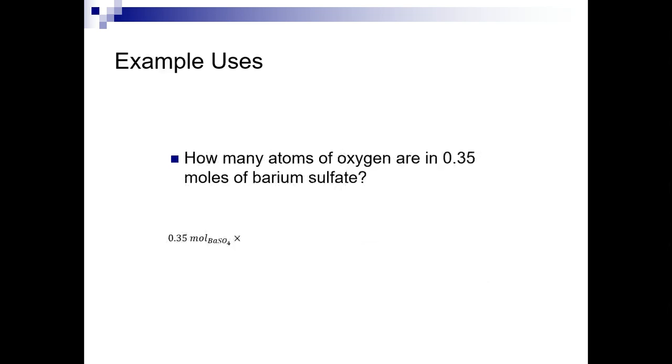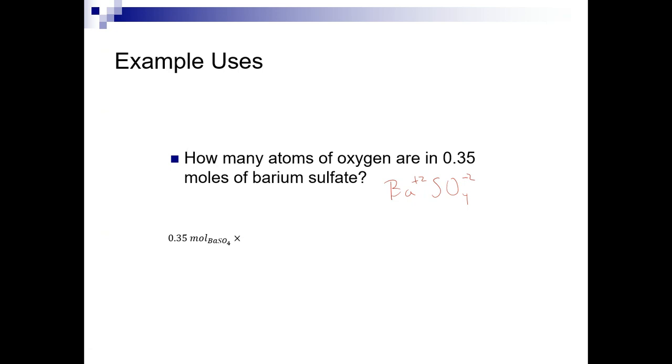Okay, one more. Suppose I have some barium sulfate, and I know I have 0.35 moles of barium sulfate. And we know barium sulfate is Ba plus 2, SO4 minus 2. We know the formula for barium sulfate.